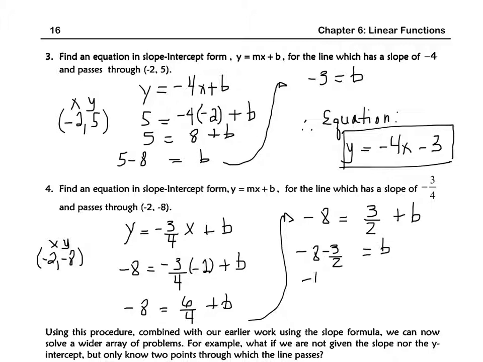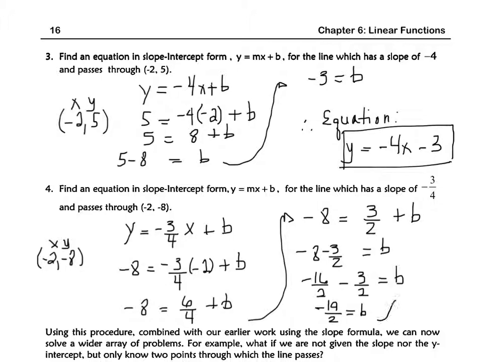And I can write that as negative 16 over 2, because that would be negative 8 over 1. Put over a common denominator of 2, it would be negative 16 over 2. And that gives you negative 19 over 2 for the b value.